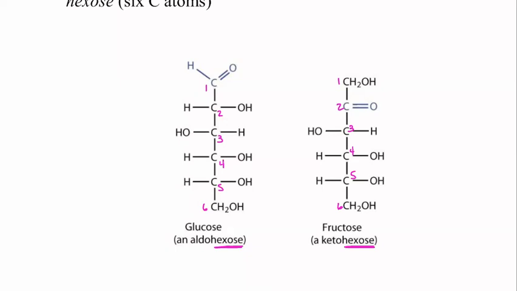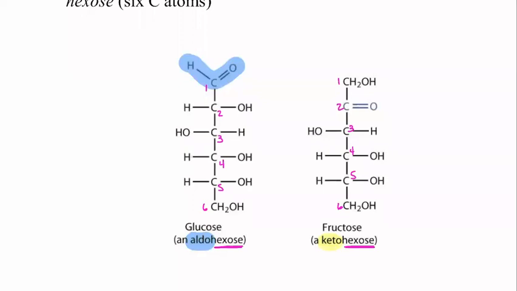Great. Now you see that before the hexose, we have a particular prefix. We have aldo in the case of glucose, and the aldo comes from having an aldehyde. In the case of fructose, see how it says keto?